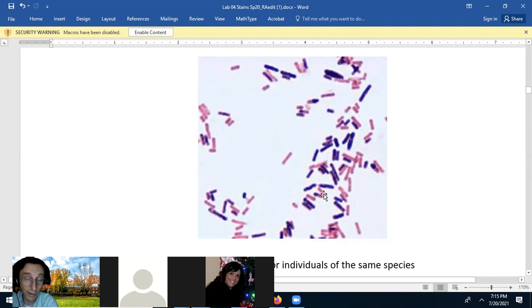And you shouldn't be using the gram stain on old cells, because it doesn't work correctly on old cells. The reason why is, if this cell has a hole in it, the crystal violet can leak out the hole. And then it's not going to be staining purple if it's a gram positive. All right? Any question about any of that?